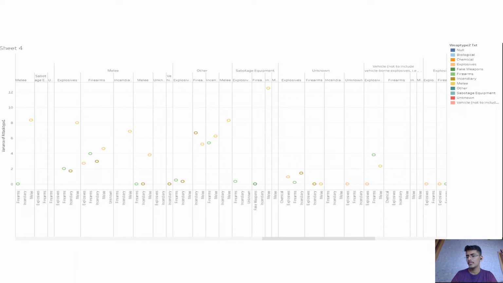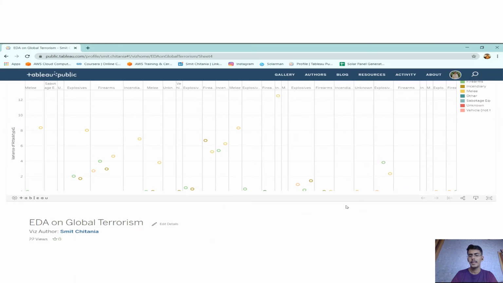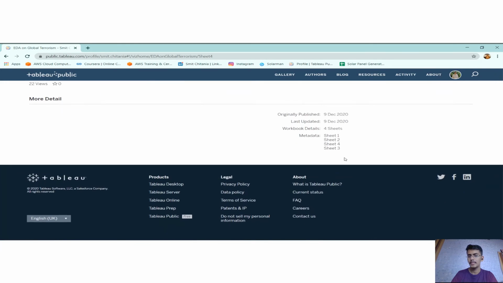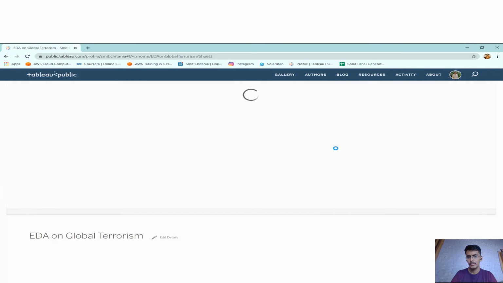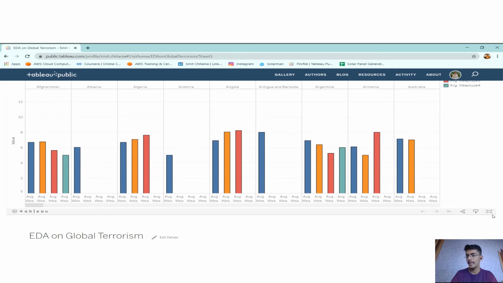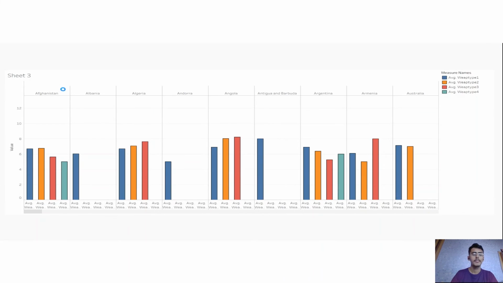Let's jump to the last sheet, from which we'll understand which type of weapon is used in particular countries.